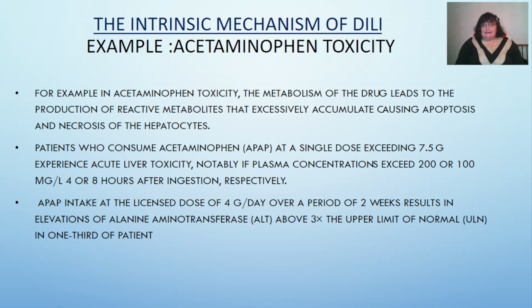Acetaminophen intake at the licensed dose of 4 grams a day over a period of 2 weeks results in elevation of alanine aminotransferase, ALT, above 3 times the upper limit of normal in one third of patients.